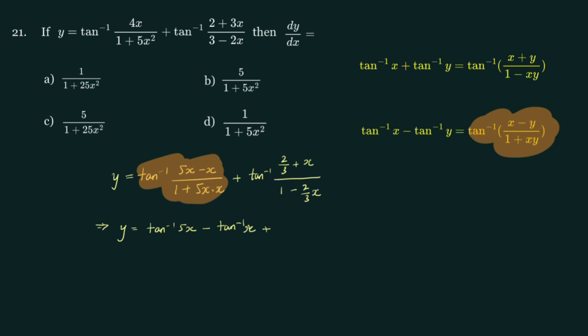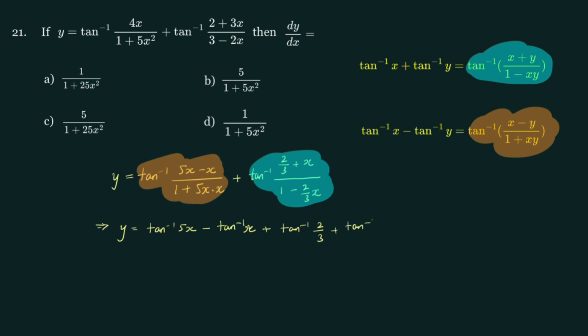Similarly, the second term, that is tan inverse of this portion, is in the form of tan inverse of (x plus y) divided by 1 minus xy. So in place of that, I can write tan inverse x plus tan inverse y. So it will be tan inverse of 2 by 3, plus tan inverse of x.